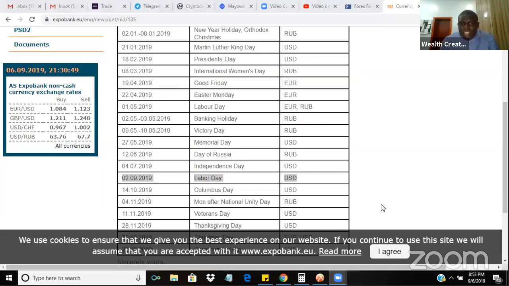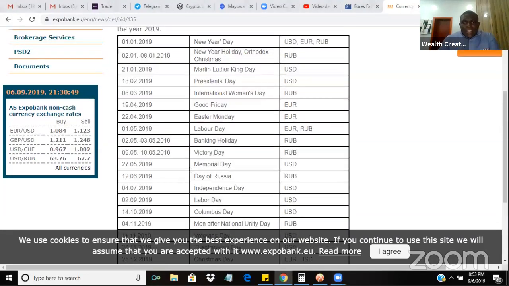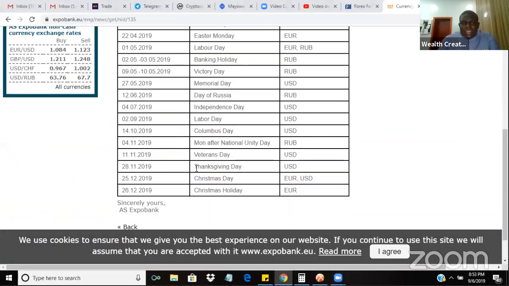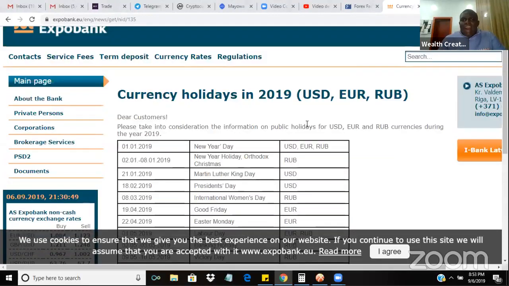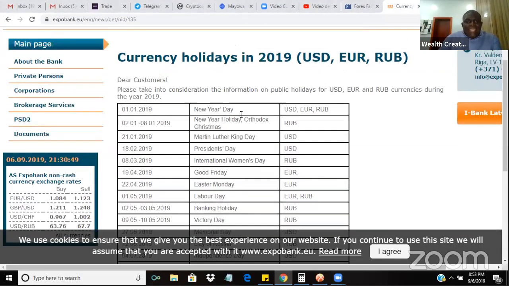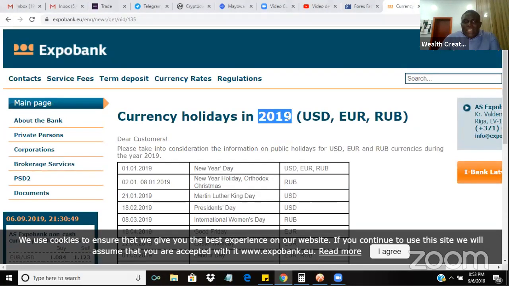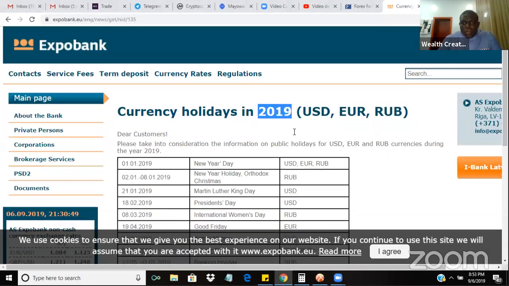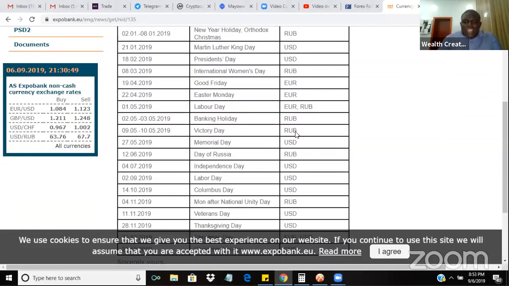So you want to deal with USDs. So you want to put this on your calendar as a reminder. They are not up to 20. They're not even up to 15. So you can enter all of these on your calendar. So for 2019, you do, for 2020, you do the same thing. For 2020, you do the same thing for 2022.